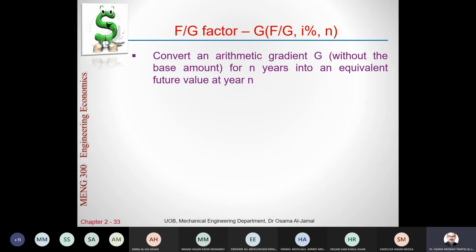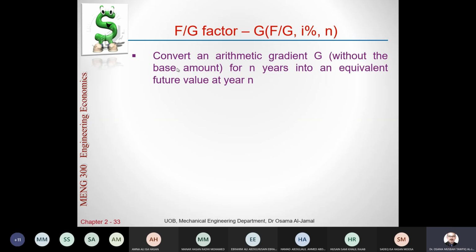Because to find the P, or the A, or the F, we need to add the second component, the base annuity: the A to find the P given A, or to find the F given that A, in addition to the F given G, or to add directly the A of that base annuity over the A given G. Now here, it says without base annuity amount.